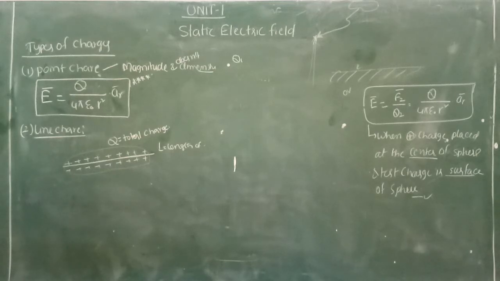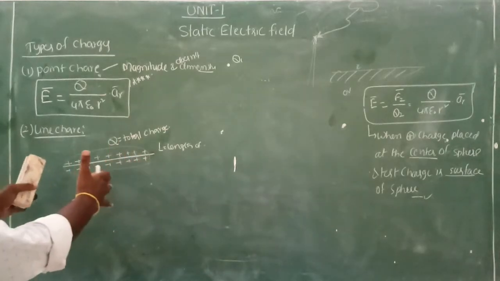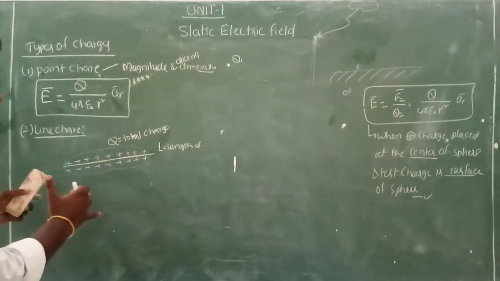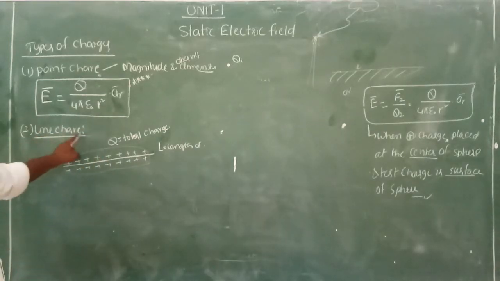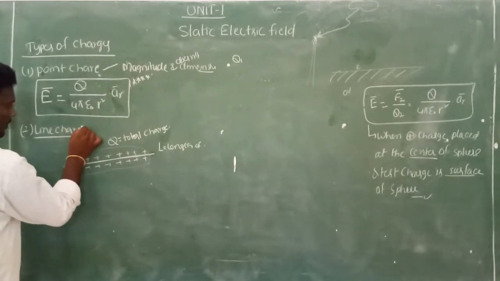Now see, here I am defining one more term, because the charges are uniformly distributed like this. That term is density, which density? Line charge density. We will define line charge density like this.